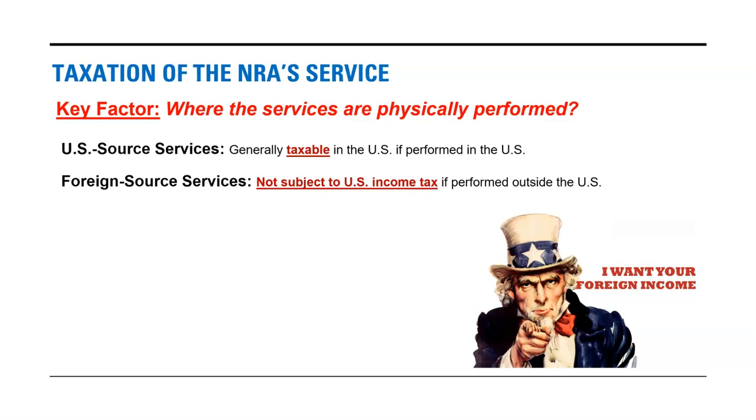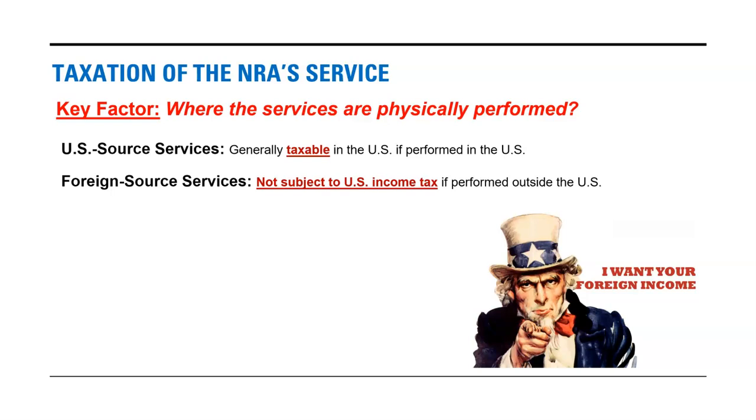What's the key factor to consider for the taxation? The key factor is where the services are performed physically. Location. So if the service was provided in the United States, then it will be taxable.